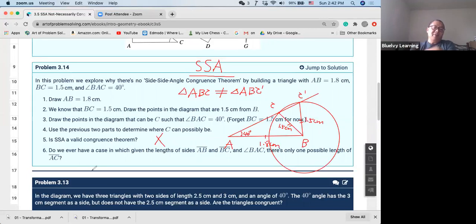Can everybody send me the answer in private chat? Do we ever have a case in which, given the lengths of AB, BC, and the angle BAC, there's only one possible length of AC?